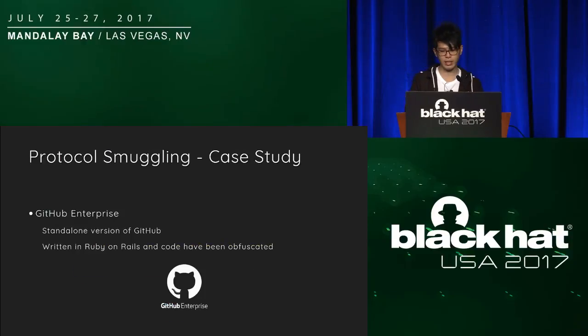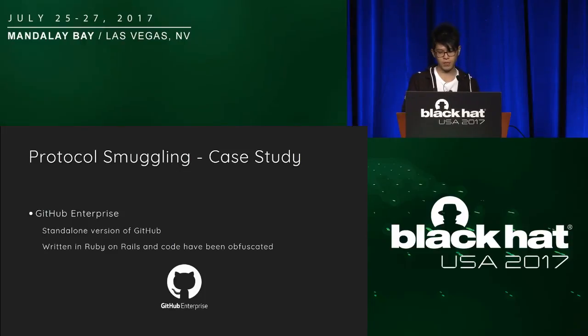Okay, let's see our last case study, GitHub Enterprise. GitHub Enterprise is a local version of GitHub that you can use to deploy a whole GitHub service in your private network. Most of the code is written in Ruby on Rails and obfuscated.